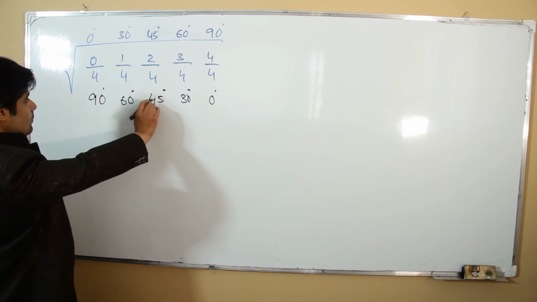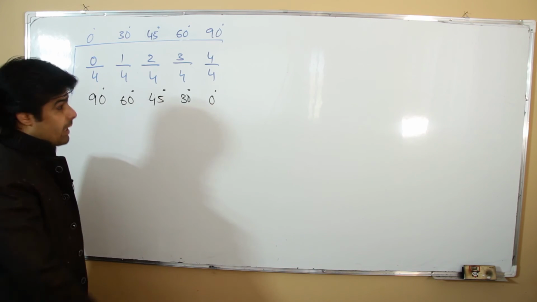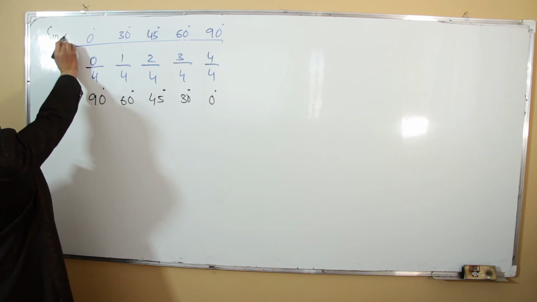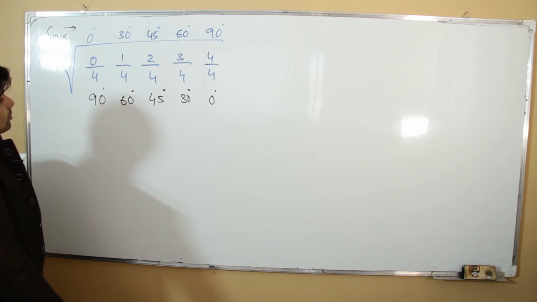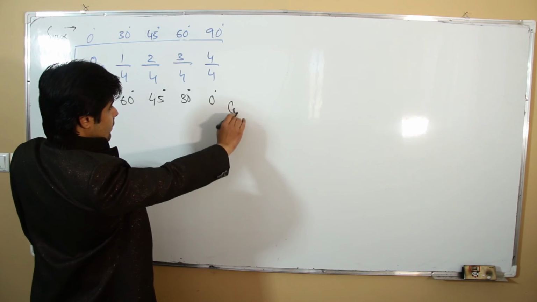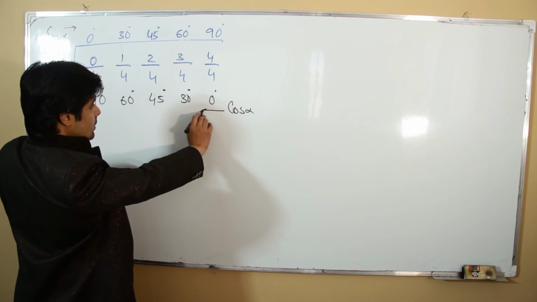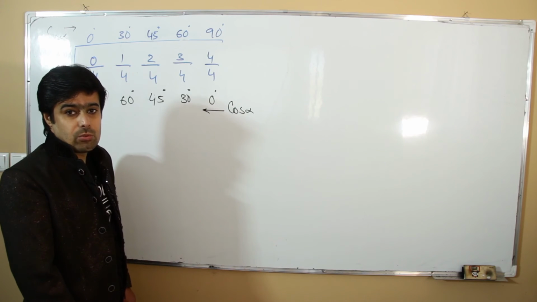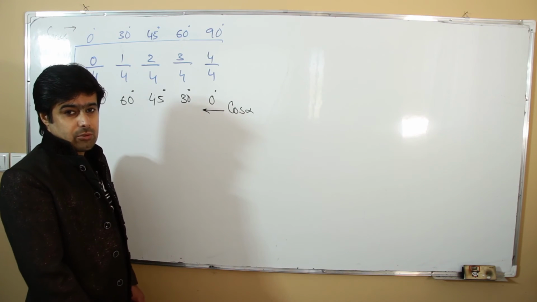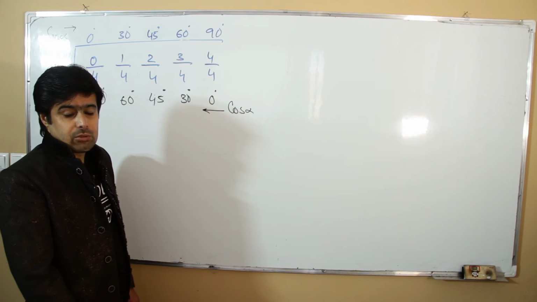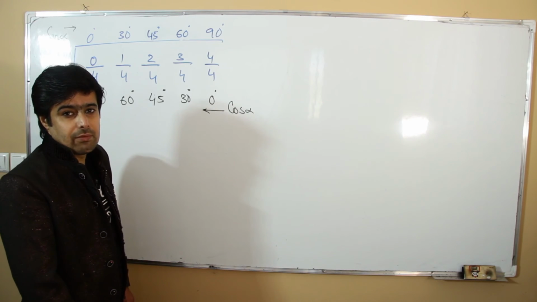Now, if you want to define the sine, start from left to right. If you want to define cosine, start from right to left. If you are able to define sine and cosine, you are able to define tangent, cotangent, or whatever.